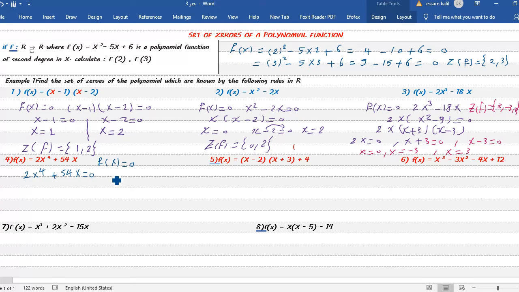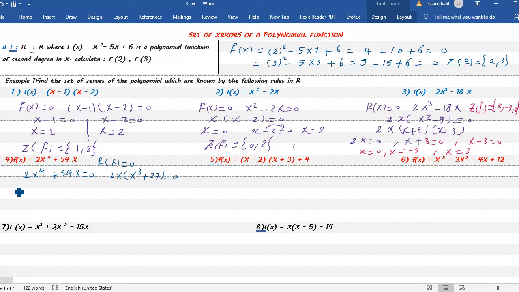Take the 2x common factor يبقى 2x open brackets 2x power 4 divided by 2x يبقى become x power 3, 54x divided by 2x يبقى become 27 equal what? 0. Make the factorization.